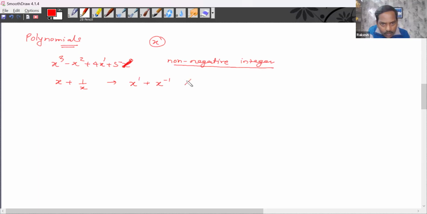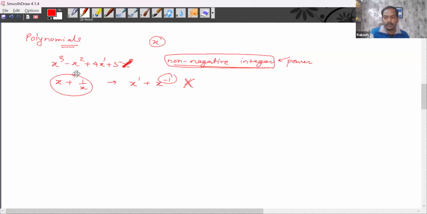Now, this is not a polynomial. Why? The power has to be a non-negative integer. Here, one of the powers is negative. So obviously, we will not be calling this expression a polynomial. This is an algebraic expression for sure, but it is not to be considered a polynomial, right?